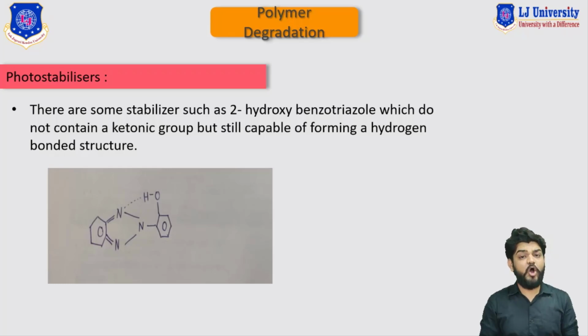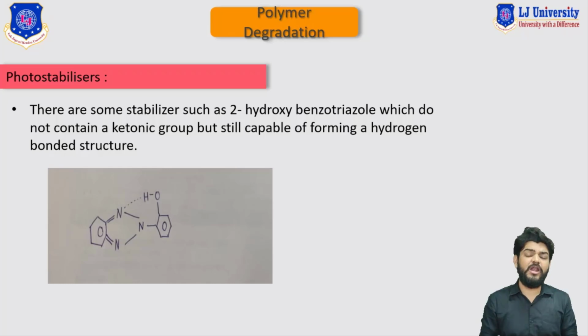So this was all about the photostabilizer, right? We have understood the photostabilizer as a compound or substance which protects our polymer from the photodegradation process, and its main function is to absorb all the ultraviolet radiation coming from the sun, convert it into heat energy, and later dissipate this heat energy into the environment in a harmless manner.